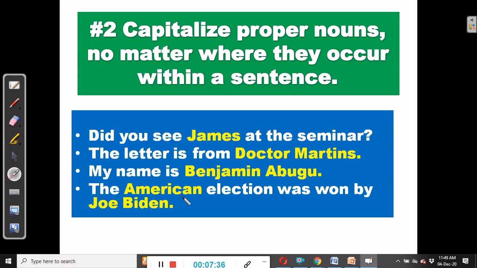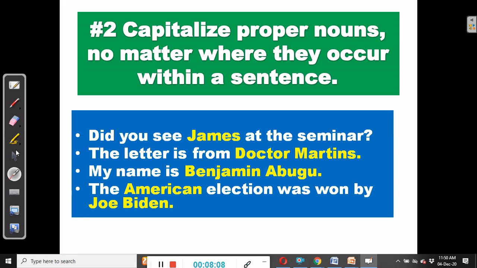And even though this is the adjective form, the adjectival form, it is still capitalized because it is the adjective form from the name of a particular country. Now, Joe Biden is the name of a particular person who won the just concluded American presidential election. So Joe Biden is capitalized here because it is a proper noun.